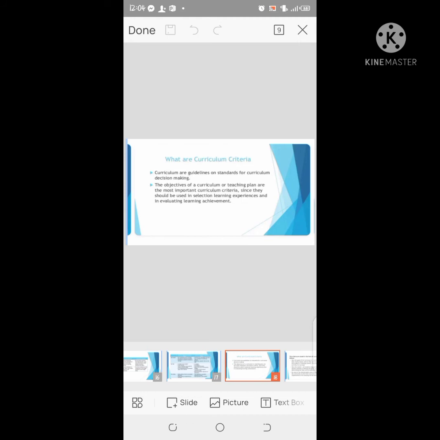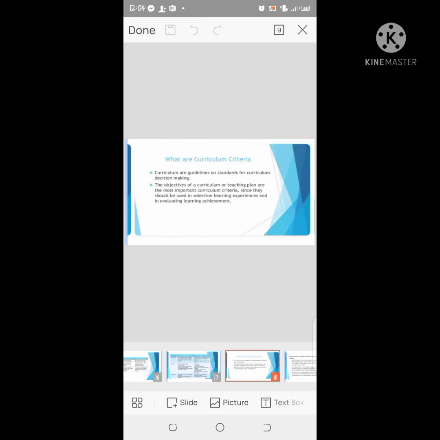Without a curriculum, the teacher would easily make mistakes in teaching. So the curriculum is really necessary in the field of education, especially in teaching. The objectives of a curriculum or teaching plan are the most important curriculum criteria.